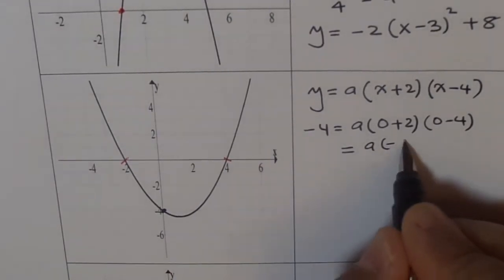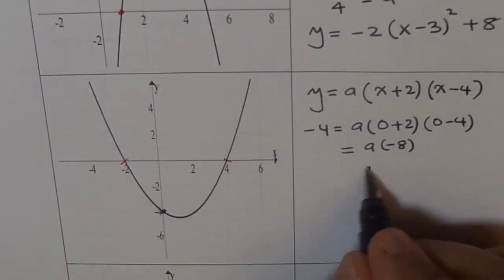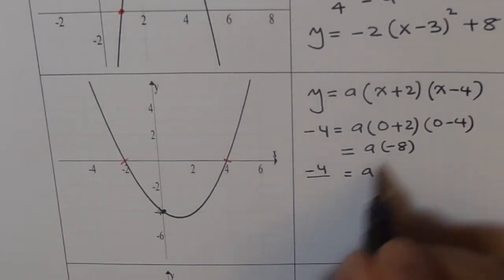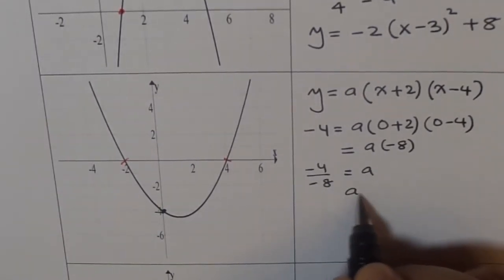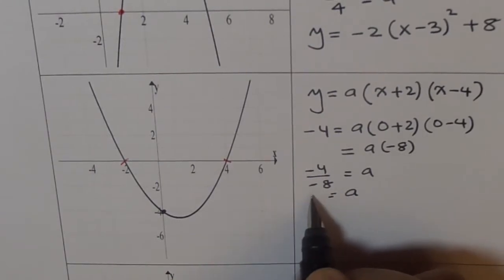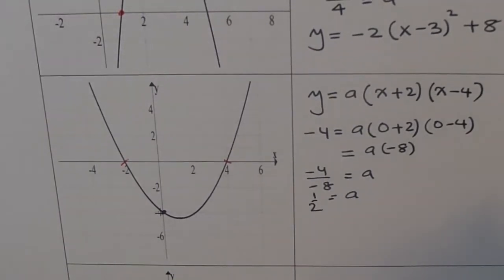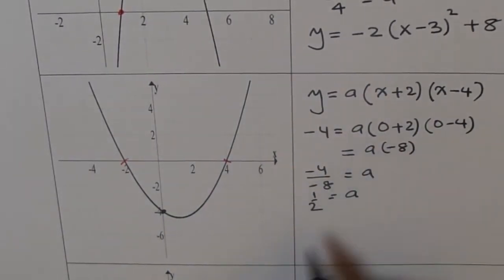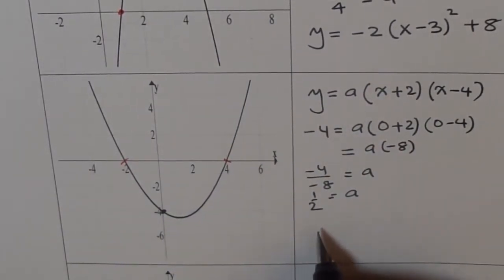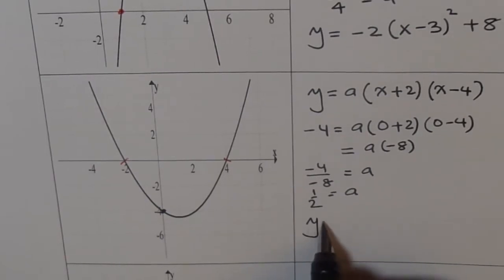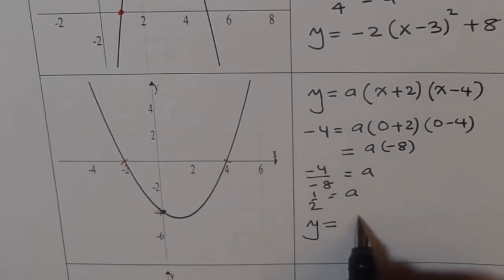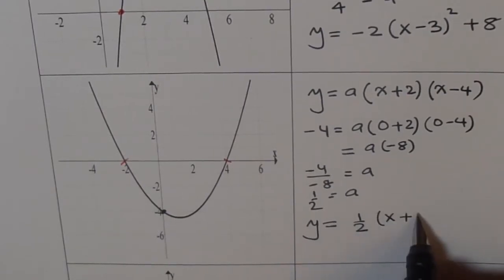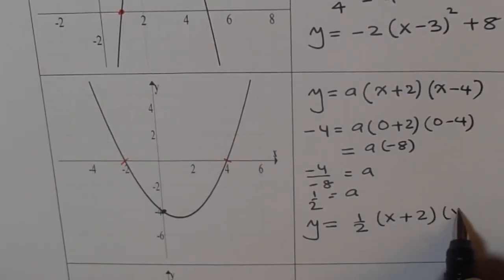So a times minus 8, and from here we can find the value of a as minus 4 divided by minus 8, and we get a equals half, correct? Now it's positive, the parabola is going up, it makes sense. So that's kind of a check. So we can write the equation of our parabola as y equals half times (x plus 2) times (x minus 4).